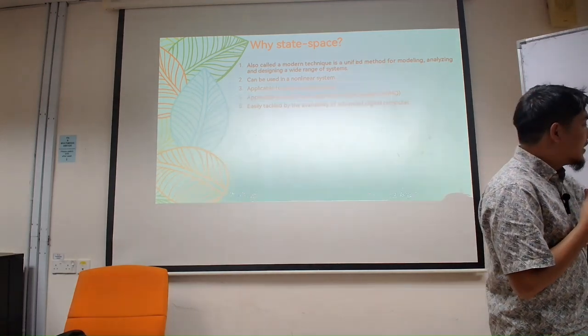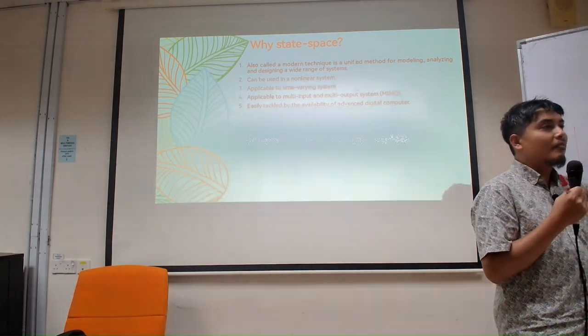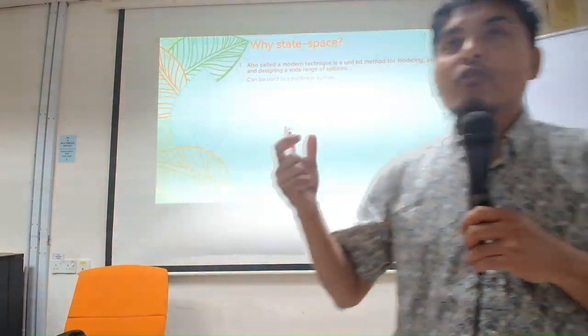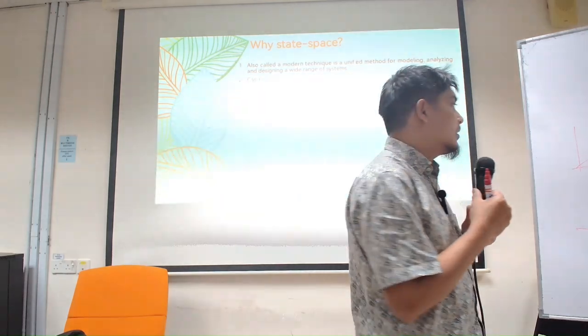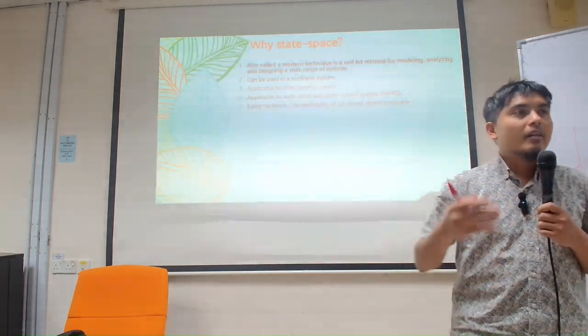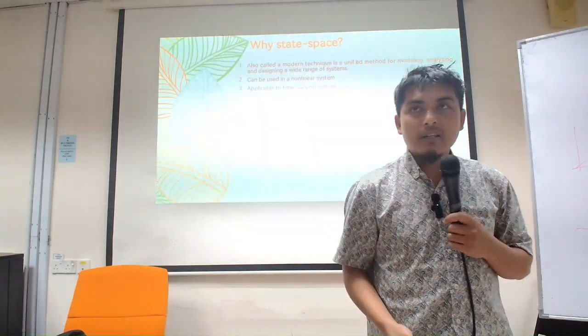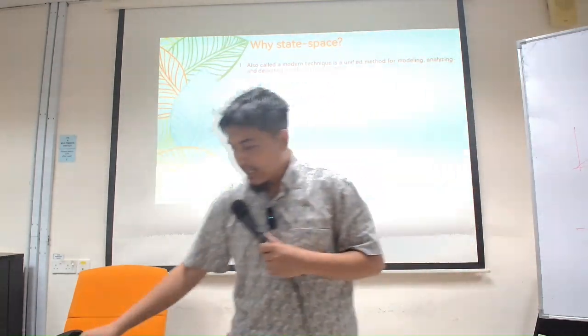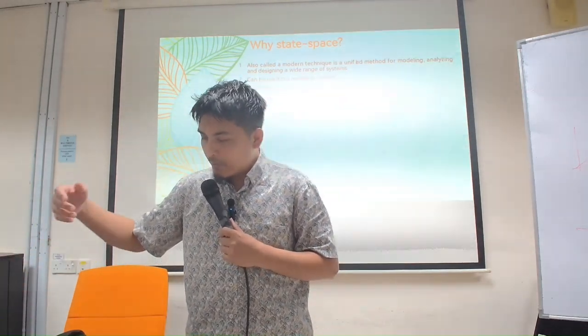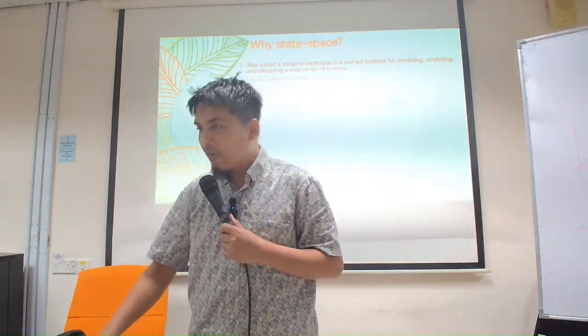If you have this system and convert to a transfer function, the equation will be very complicated. However, if you convert this kind of equation to state space, the equation will be simple. And then it is also applicable to time-varying systems and multi-input systems, this is number 4.